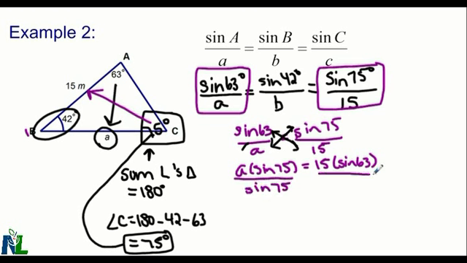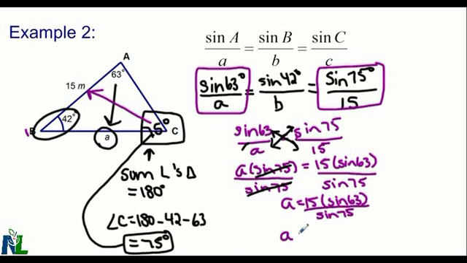I do this because I want to isolate A to get A by itself. So what happens when I divide both sides by the sine of 75 is that these cancel, and I'm left with just the A by itself. So A then is equal to 15 times the sine of 63 divided by the sine of 75.